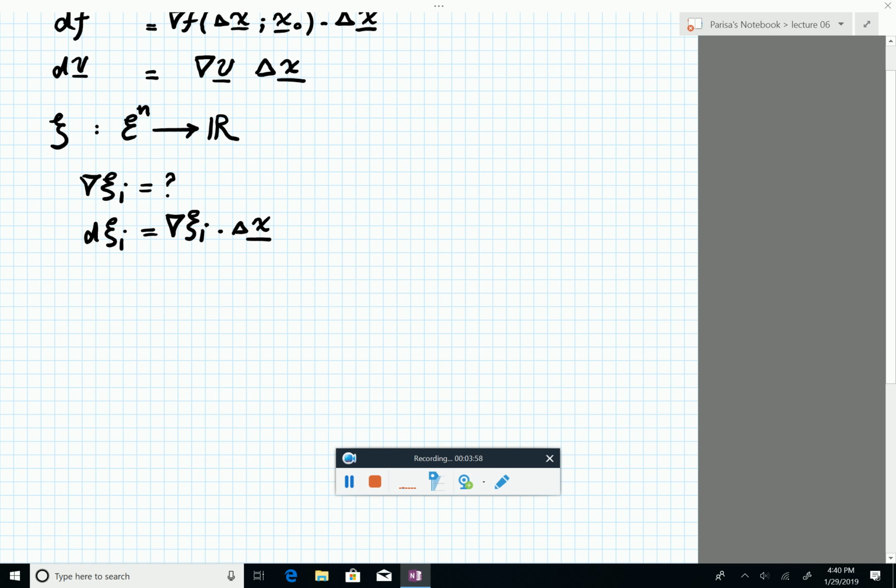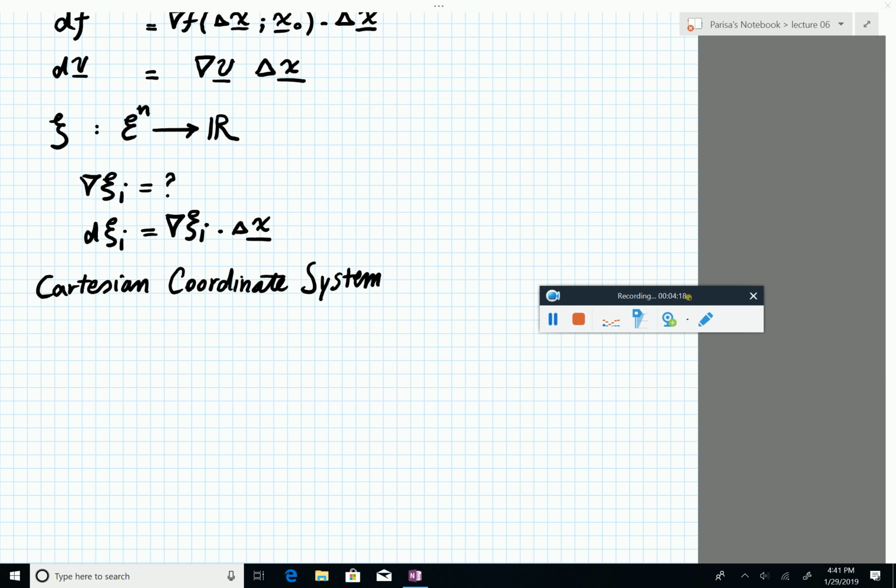And at the very end, we showed that in a Cartesian coordinate system, what do we get when we calculate this gradient?